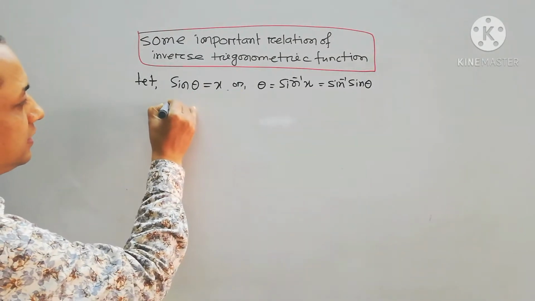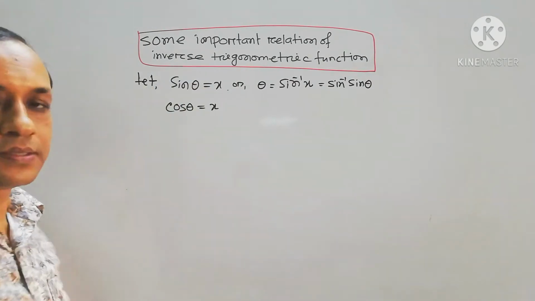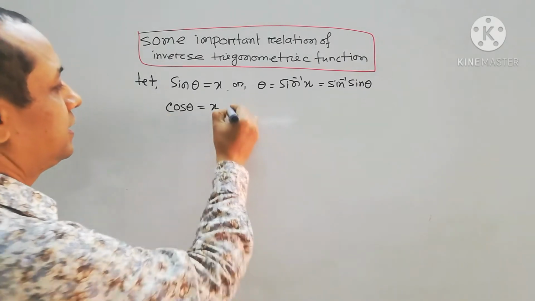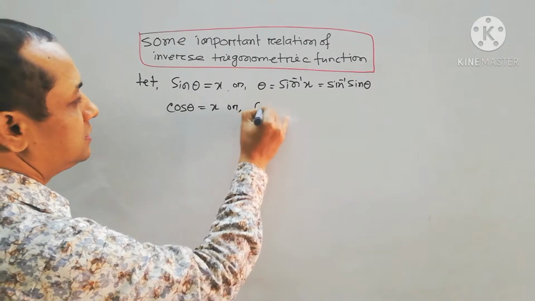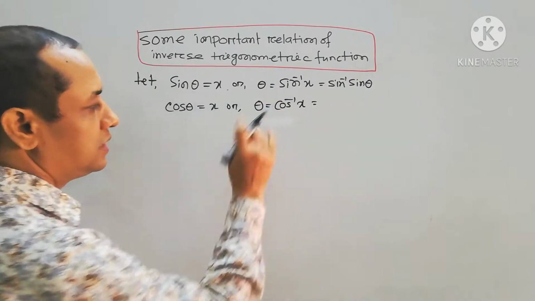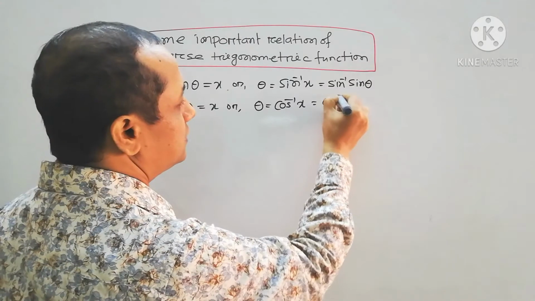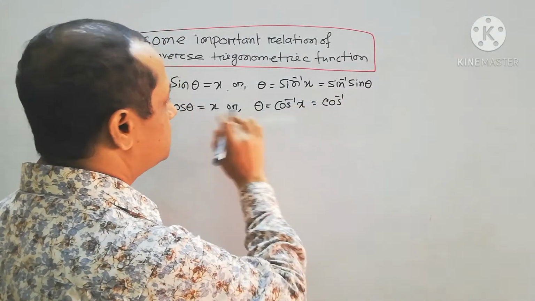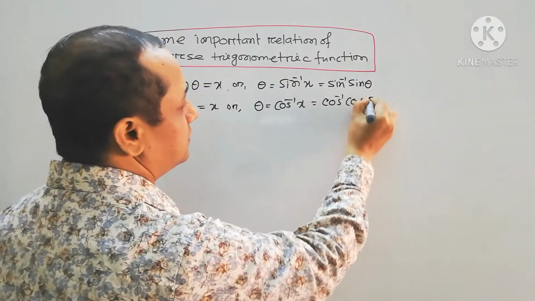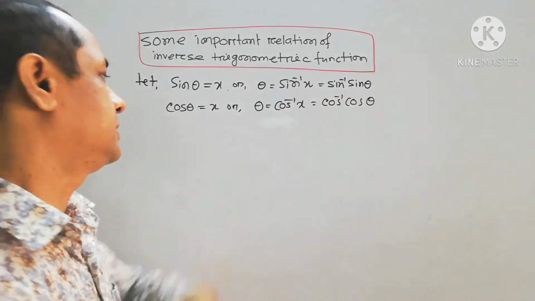Again, let cos theta equals x, or theta equals cos inverse x. Now putting the value of x equals cos theta, here cos inverse cos theta equals theta.